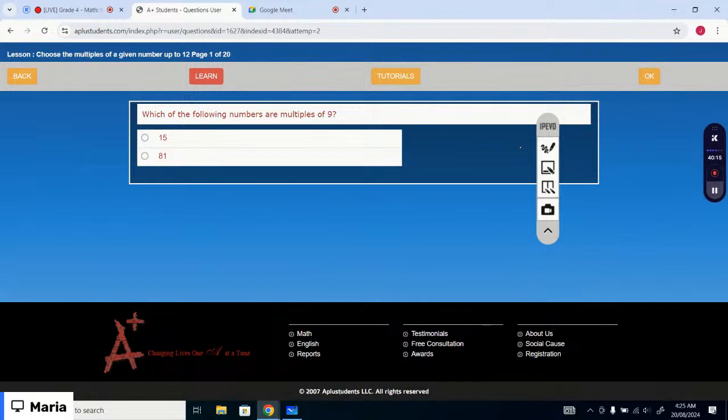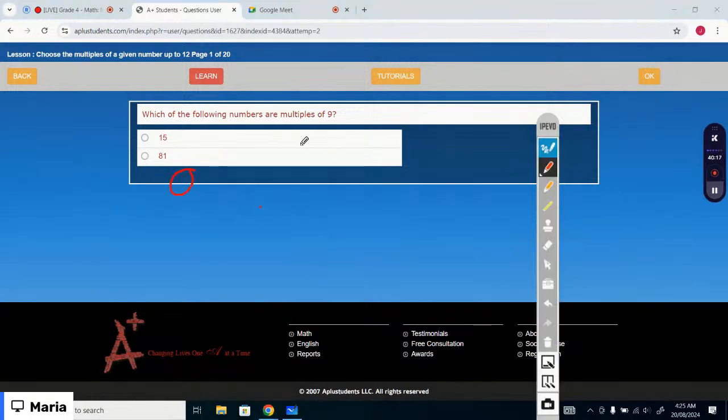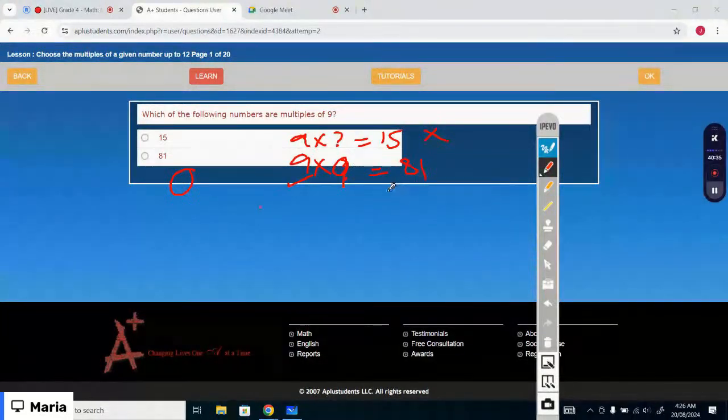Do you have any number that when multiplied by 9 makes 15? No, we don't have any number, right? But look at the other one. 9 times what number is 81? 9 times 9 is 81, right? So 81 is a multiple of 9. The correct option is 81. Got it?